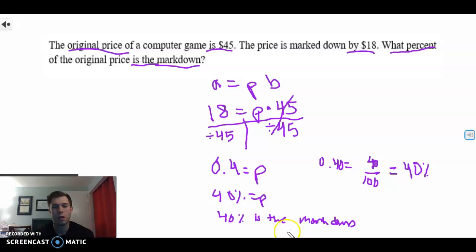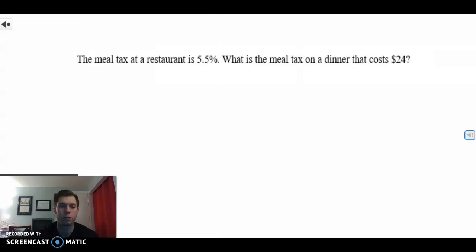Okay? Very good, guys. So I have a couple more problems for you to try on your own, and I'll guide you through them afterwards. This is the first one. The meal tax at a restaurant is 5.5% or 5 5/10%.